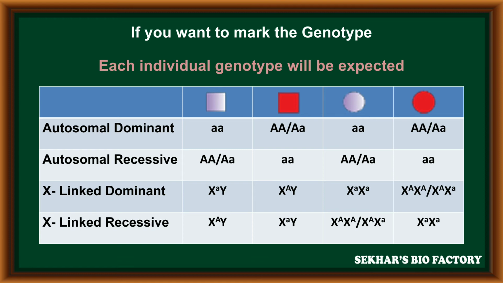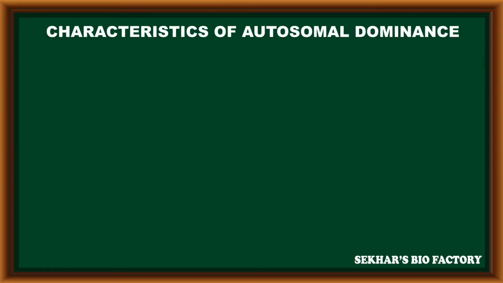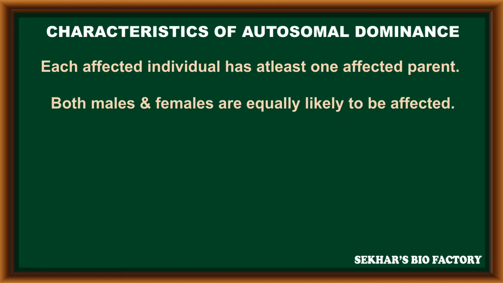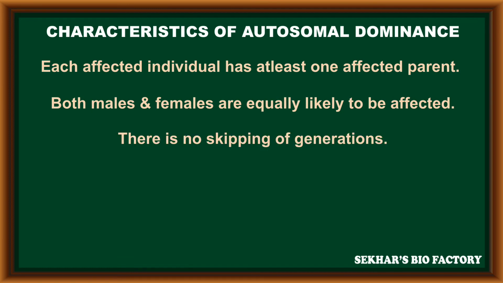So if you want to get their genotypes in this table, it becomes very easy to get them. And different types of genetic disorders can easily be identified with some characters. The first type is the characteristics of autosomal dominant. In autosomal dominant disorders, each affected individual has at least one affected parent, both male and female are equally likely to be affected, and there is no skipping of generations.